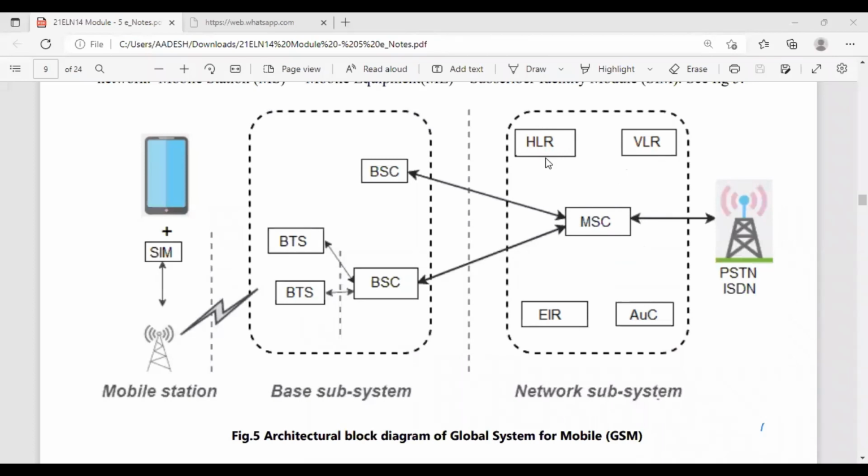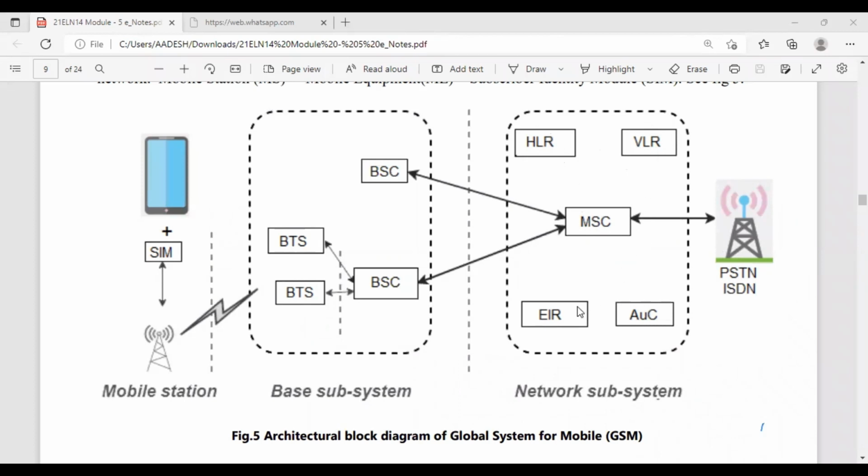Cell A's location register will become his home location register. Now if the mobile user moves from cell A to cell B, then cell B's MSC will also have a location register, which will become the visitor location register for that mobile user.